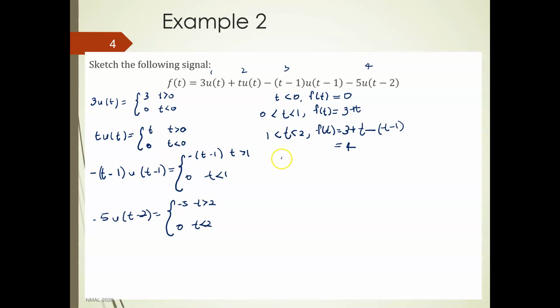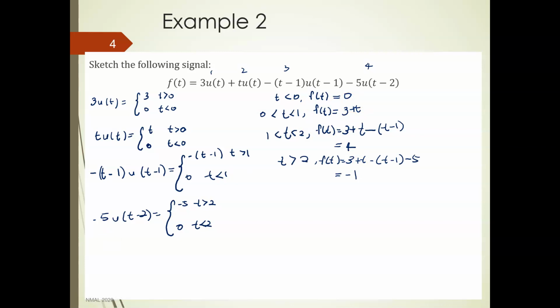And then the next time range is when t is bigger than 2. So f(t) will become 3 plus t minus (t minus 1), and then here you have 5, so it is actually 4 minus 5, which is negative 1. From here, you can plot the graph based on the values at each time range.